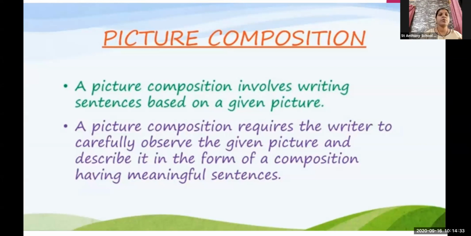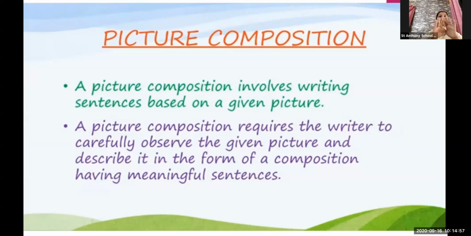You are given a particular scenery or photograph, and with the help of that picture, you have to write sentences to describe it.